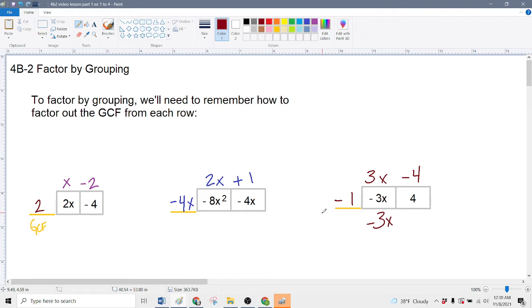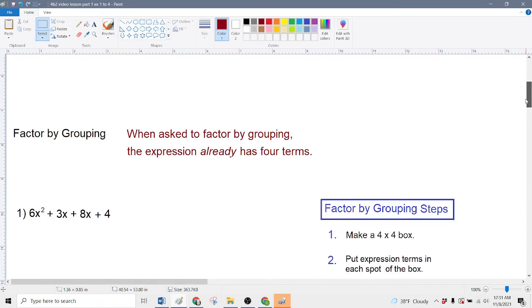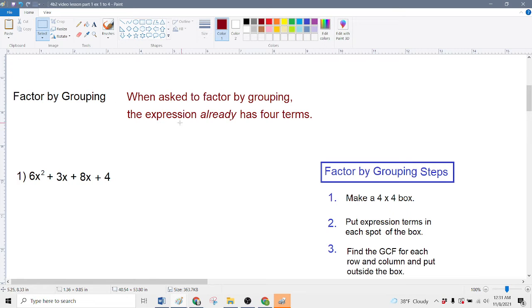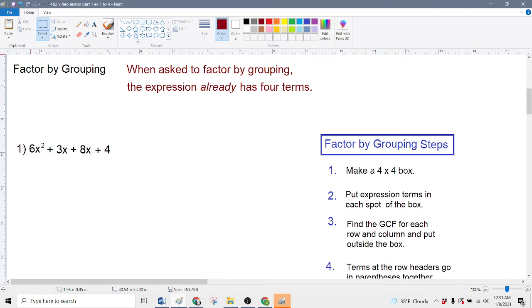So always check to make sure that you're doing it right by multiplying, okay? By multiplying and making sure that you're getting where you want to get. When we factor by grouping, the expressions we're factoring already has 4 terms. Factor by grouping, we always are going to make a 4 by 4 box.